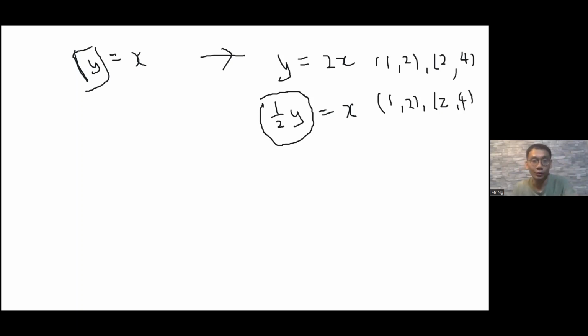Over here, let's say this is 1, this y needs to be 2. When it's 2, this thing needs to be 4. If you imagine it from the coordinate perspective, the x value is going to be the same, so it becomes like that.